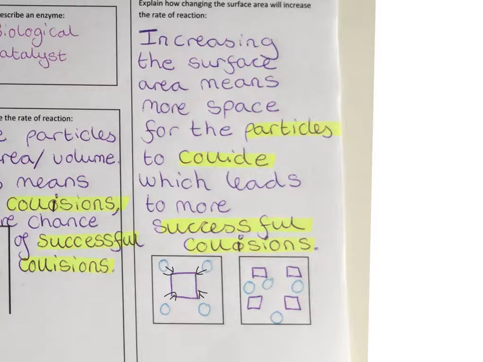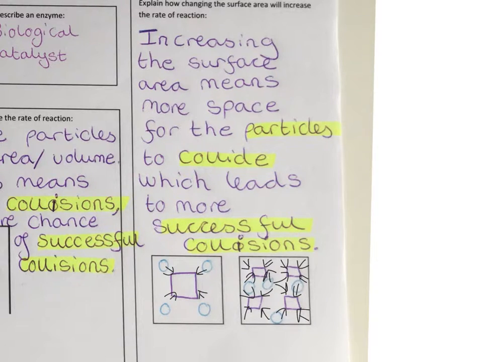Now, if you increase the surface area, so it's still a tablet, but you've broken it down, maybe made it into a powder, there's a much larger place for it to collide, much more places for it to collide. If you look at this diagram here, you've increased the area where it can collide by over 200%.